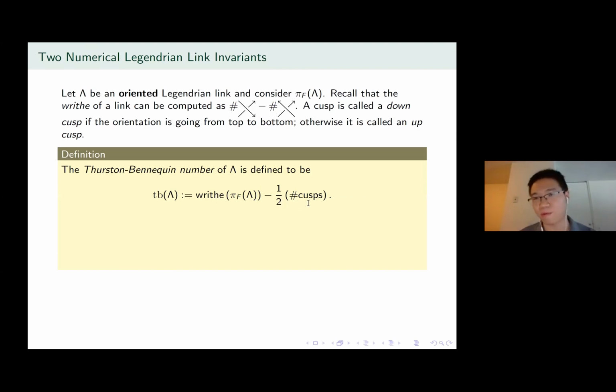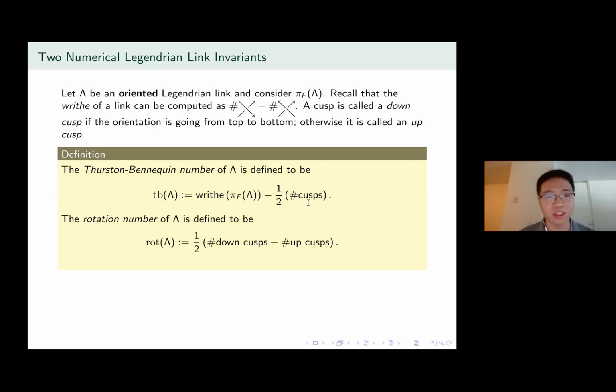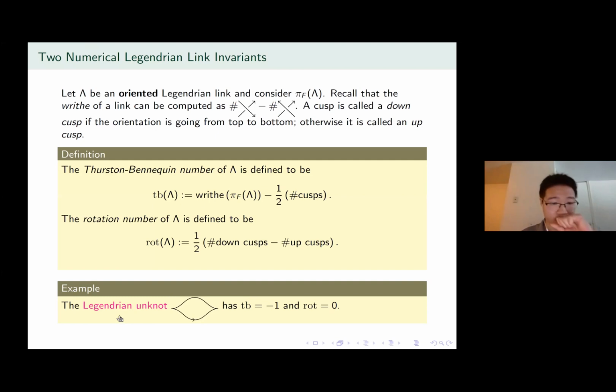The number of cusps is always an even number, so you take half of them. And the rotation number is half of the difference between down cusps and up cusps. Okay, so for example, if you compute the Thurston-Bennequin number of this Legendrian knot, you will see that the Thurston-Bennequin number is -1, and the rotation number is 0.